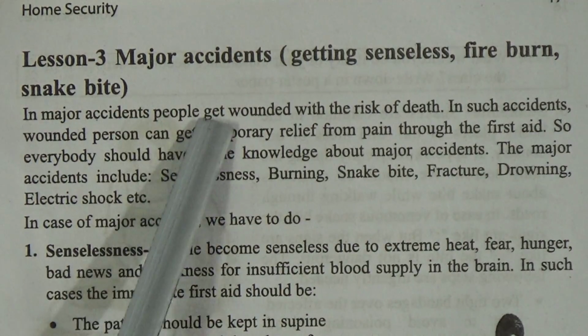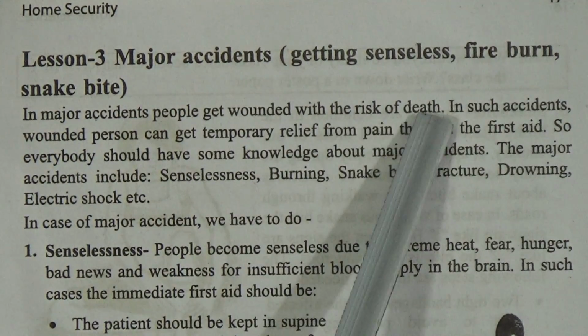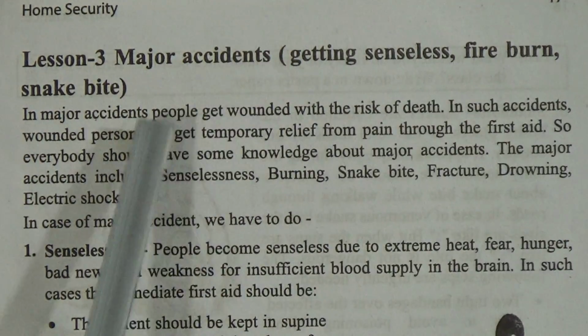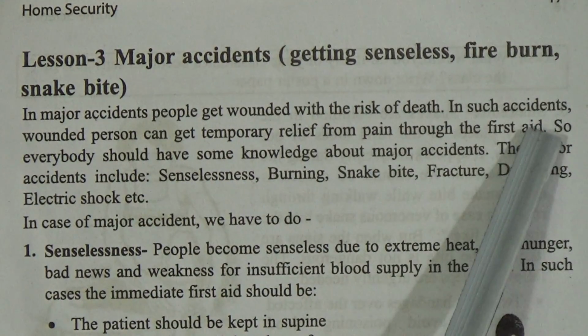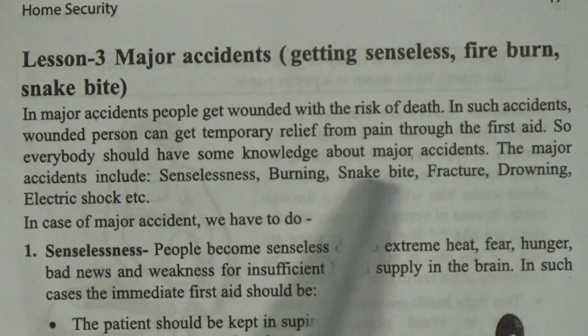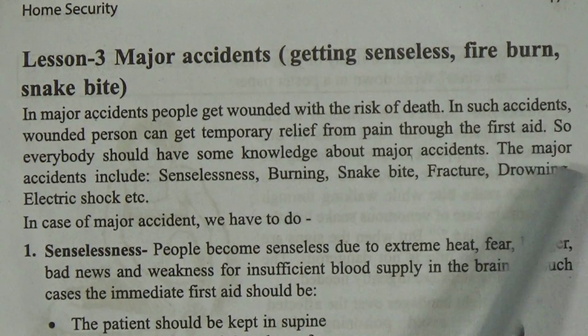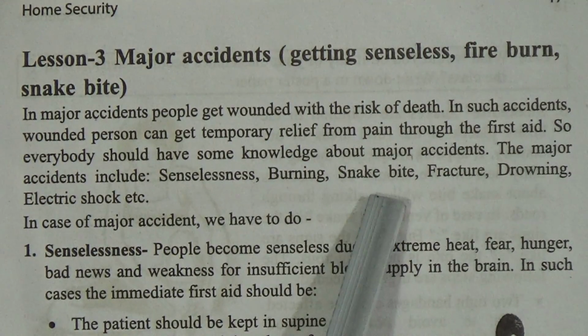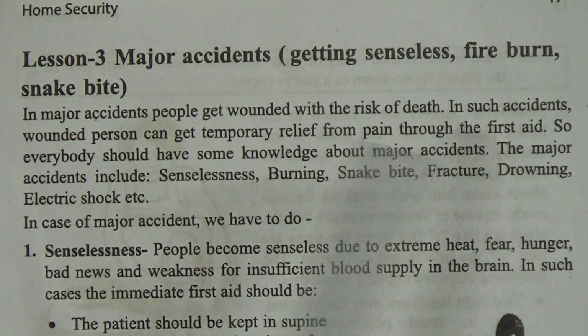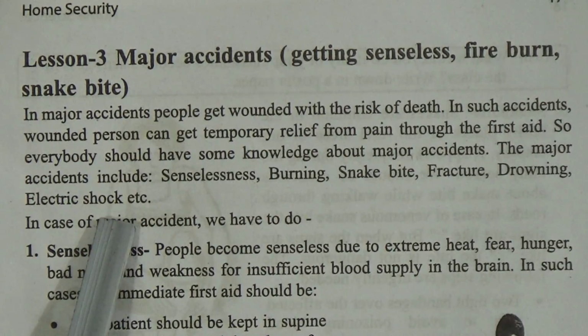In major accidents, people get wounded with the risk of death. In such accidents, the wounded person can get temporary relief from pain through first aid. So everybody should have some knowledge about major accidents. The major accidents include senselessness, burning, snake bite, fracture, drowning, electric shock, etc.